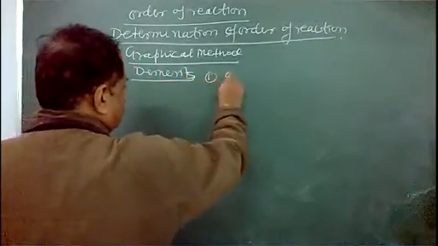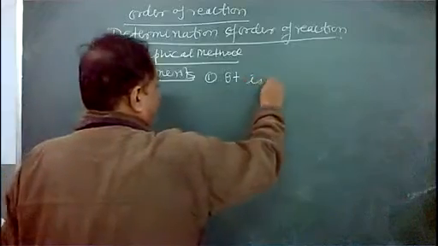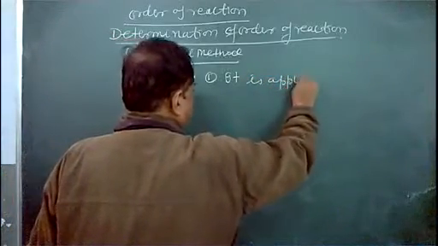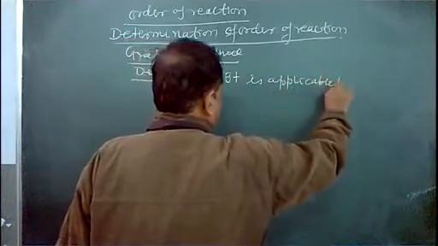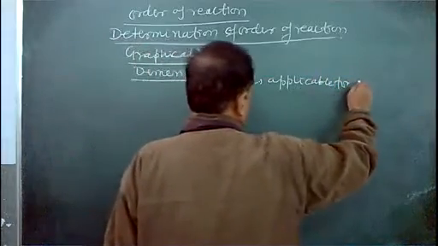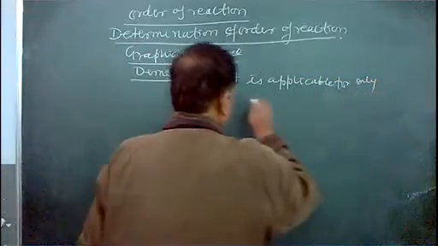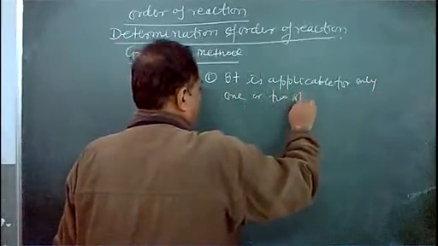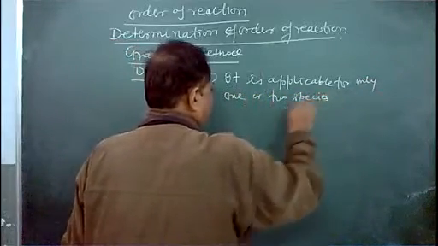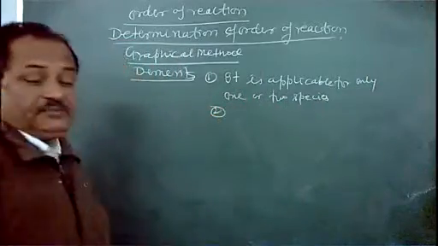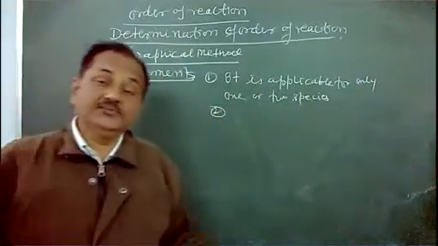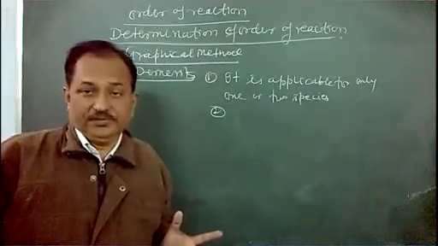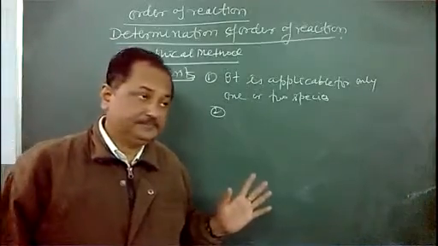The first demerit is, it is applicable for only one or two species. So it is not suitable for the reactions which involve a large number of species. So it is not possible.